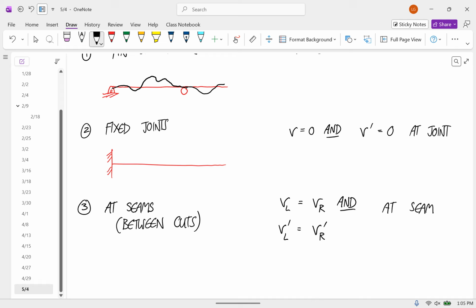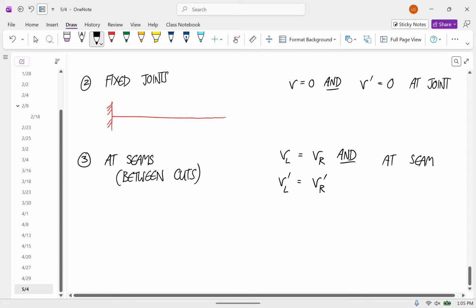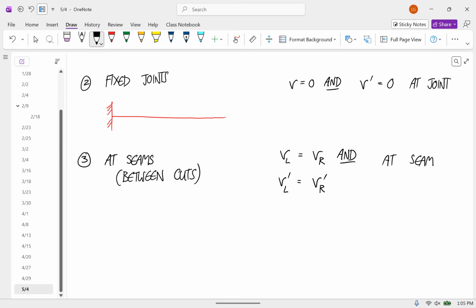Okay, so we'll do some examples of that. The first example I'm going to do is a pretty simple one. And then we'll get into these boundary conditions later. Yeah, I guess we need these boundary conditions.